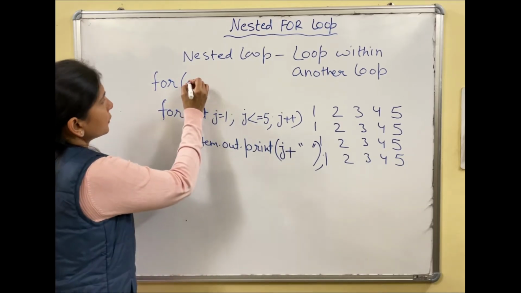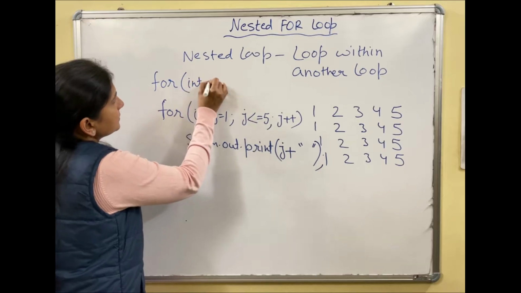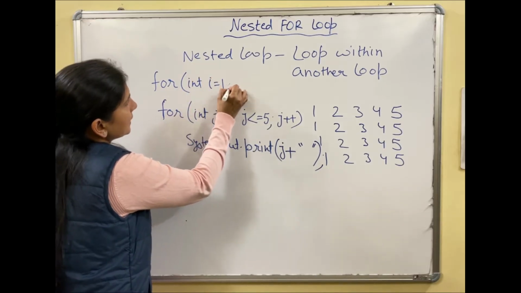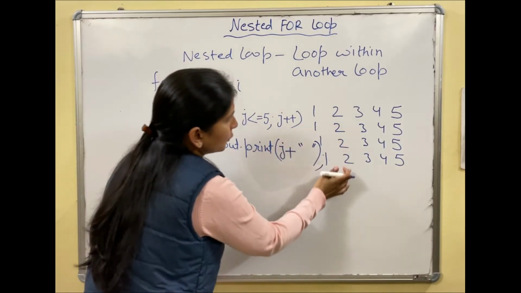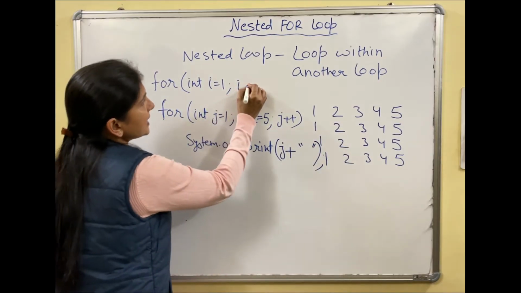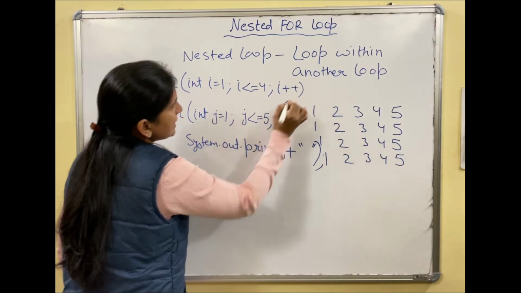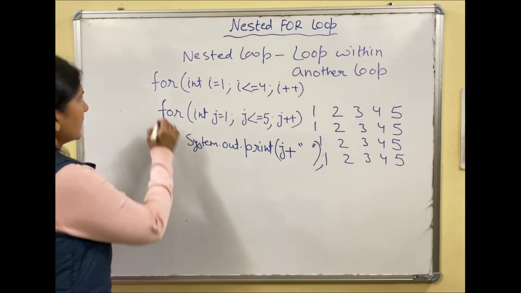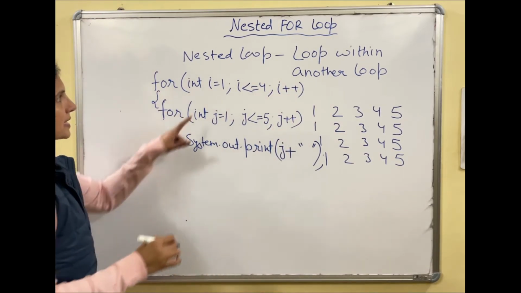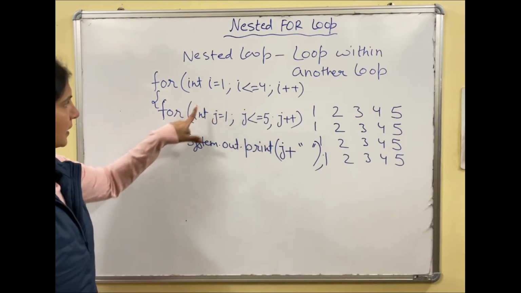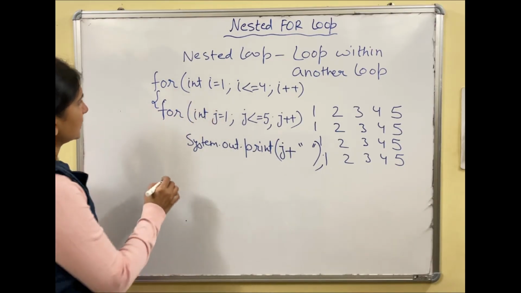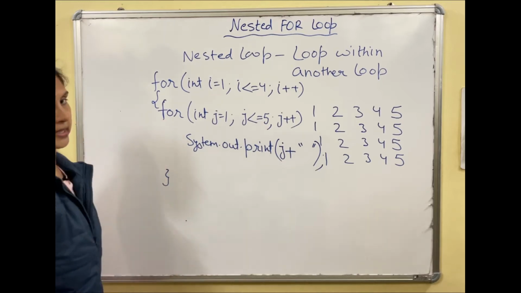For int i equals 1. How many rows do I want? 4. i less than or equal to 4. i plus plus, right? And then the opening braces of the outer loop. Then the inner loop. Then we have closed that.